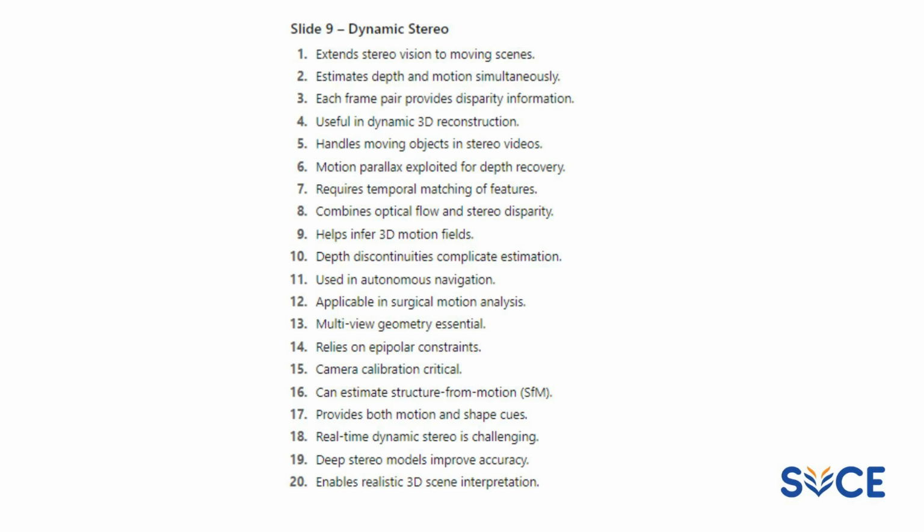Then temporal tracking, which tracks the 3D points over consecutive frames using motion estimation, that is optical flow or KLT tracking. Then depth-motion fusion, the combination of the spatial depth and temporal motion to reconstruct the dynamic 3D scenes.